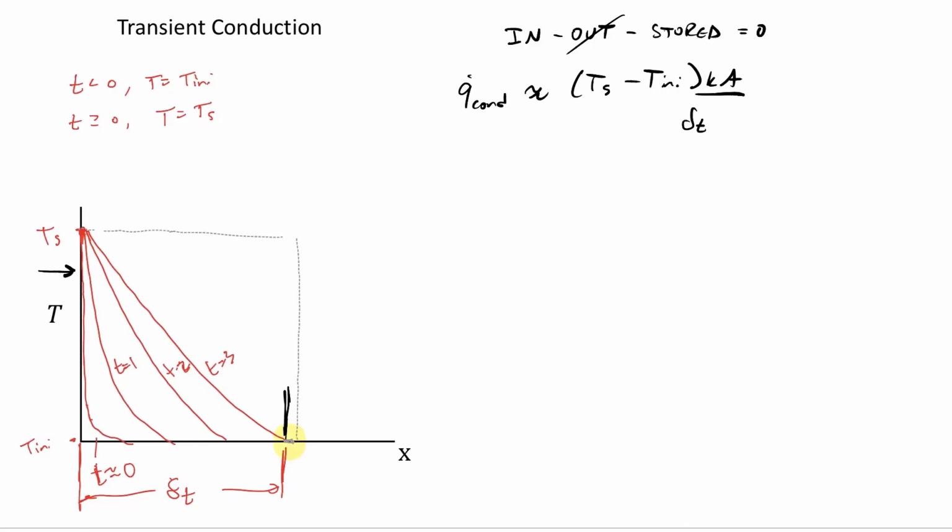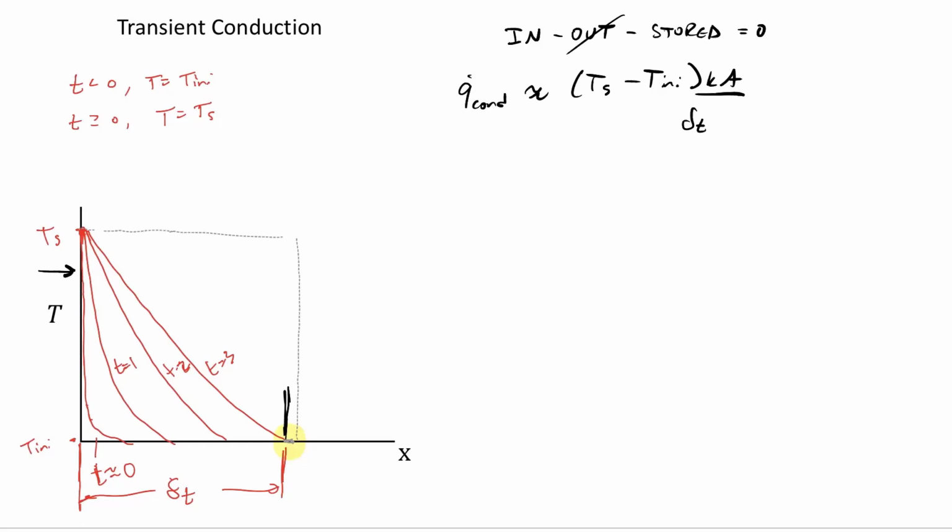We're saying that conduction in this body is approximately the temperature Ts on the left side minus the temperature down here on the right side, times the resistance between those two things. And the resistance between those two things is scaled by that thermal depth.